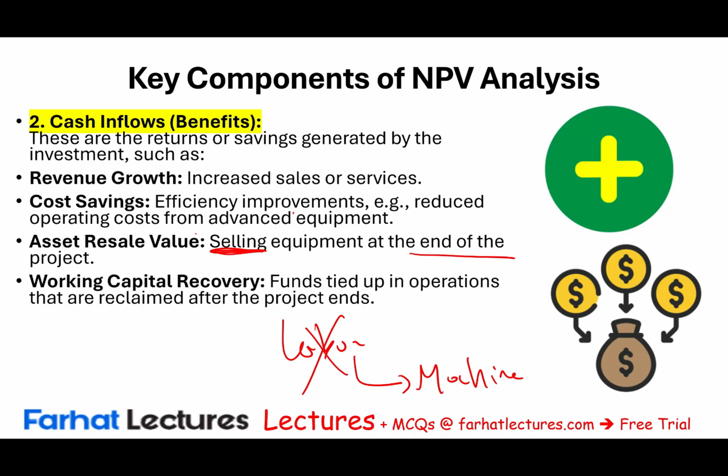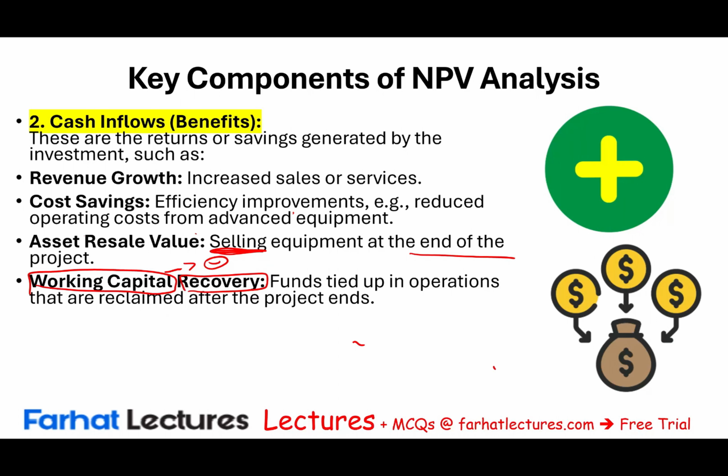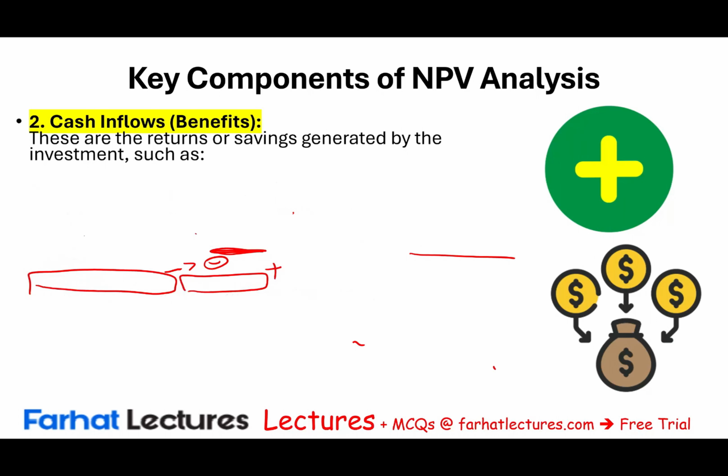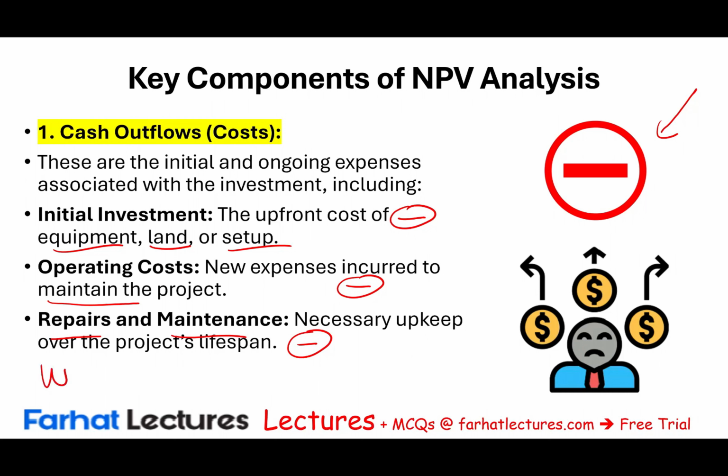Also, when we undertake this project, we might have to devote some funds for supplies, for inventory, for additional expenditure. Well, those are called working capital. Those are negative cash flow when you invest in them, but when you recover them, they are positive cash flow. So on this slide, we can put working capital.